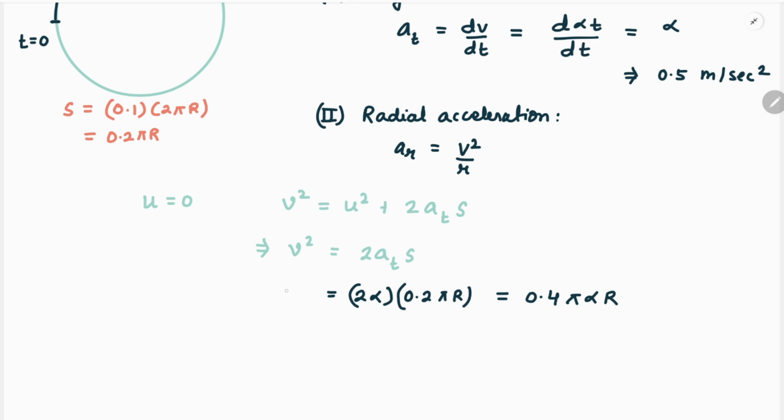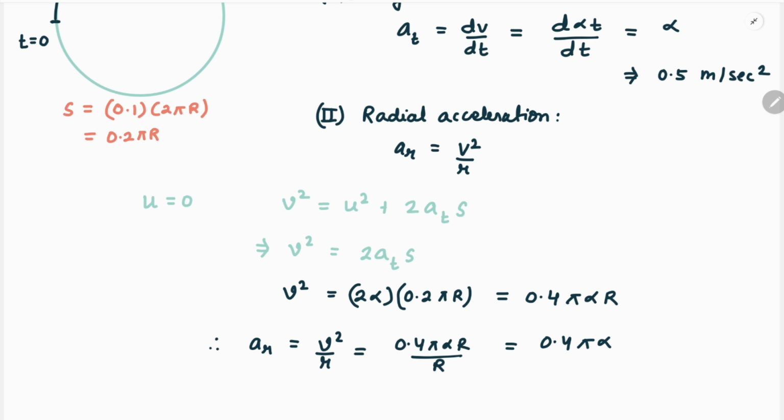This is the value of v square that we have evaluated, and therefore the radial component of acceleration, which is v square upon r, can be written as 0.4 pi alpha r divided by r. So we get 0.4 pi alpha.